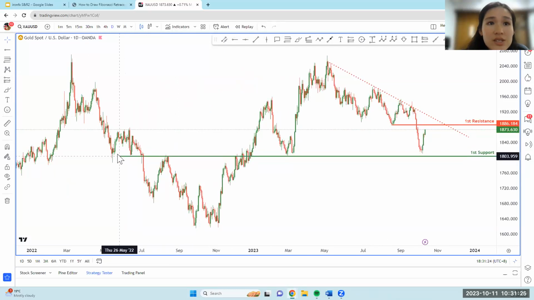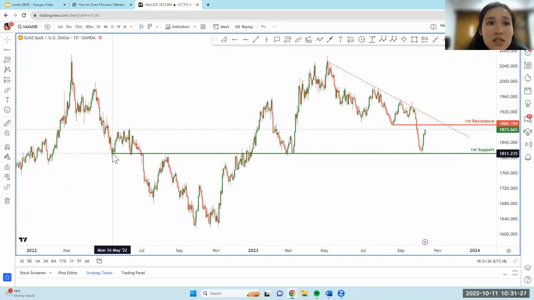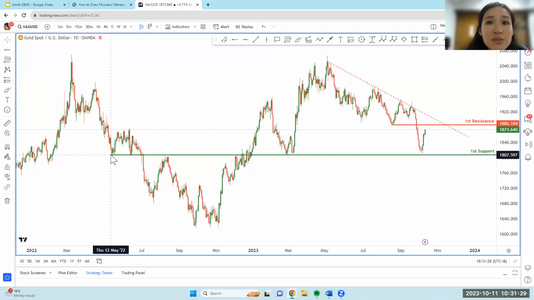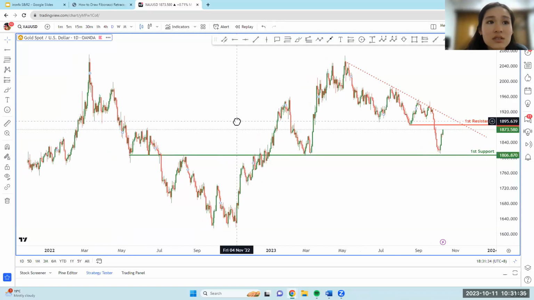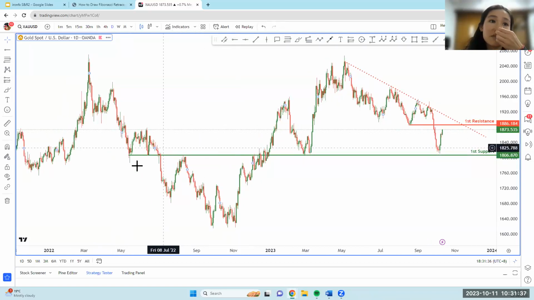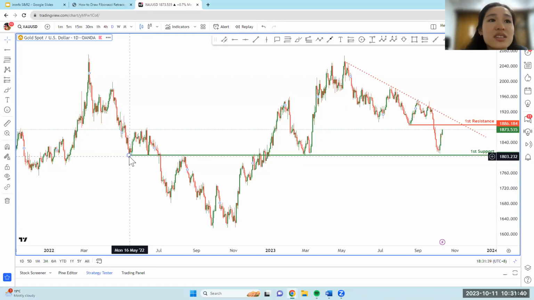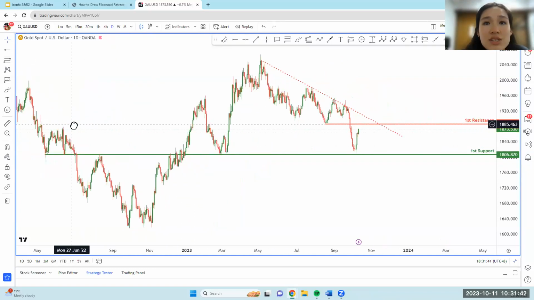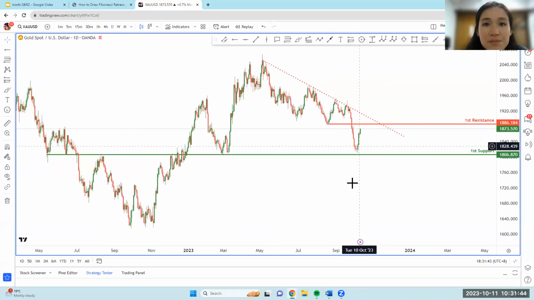The reason is that it's easier to see how many times price has reacted off the level, so you know how significant that level is. And you can see that this level is pretty significant, with price reversing off of it a couple of times.